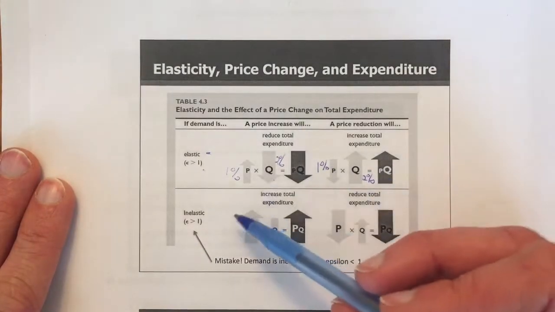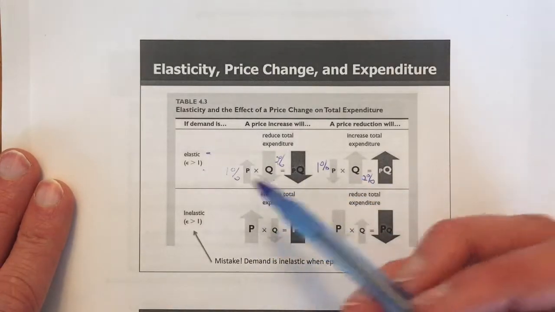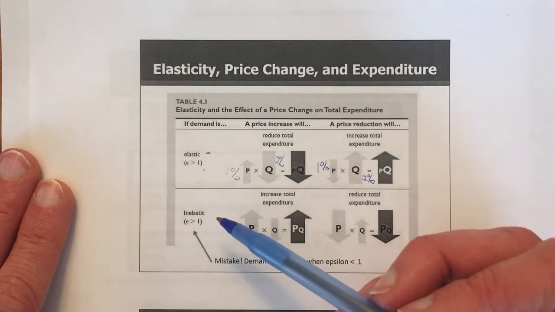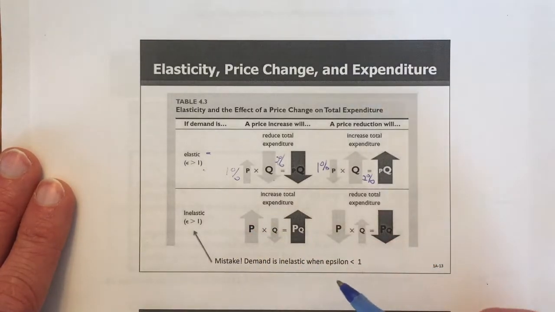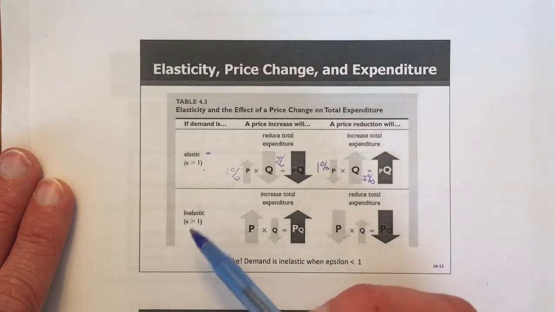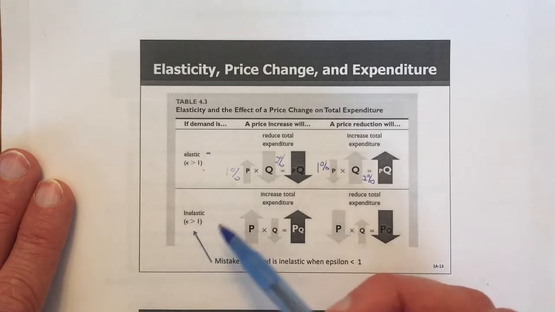Now, when a good is inelastic, one thing we note is that it's inelastic when its elasticity is less than 1. So this is actually a mistake that I found in the book, and it's present in both the print and online version. So just make an important note that this is a typo in the book, and it should be that the elasticity is less than 1.